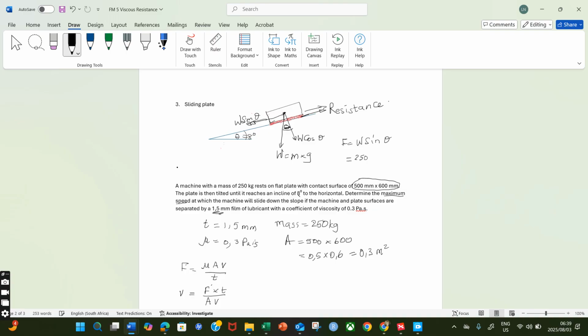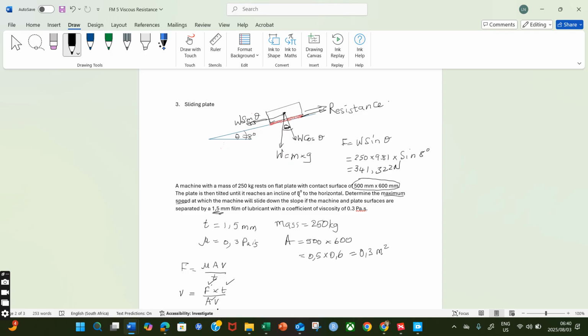Which is 250 kilograms times 9.81 times the sine of 8 degrees. This gives 341.322 newtons. So we have the force there. T is given.